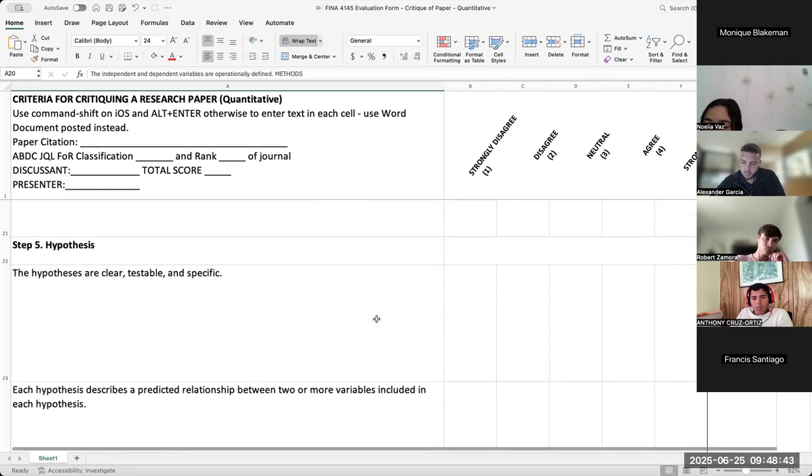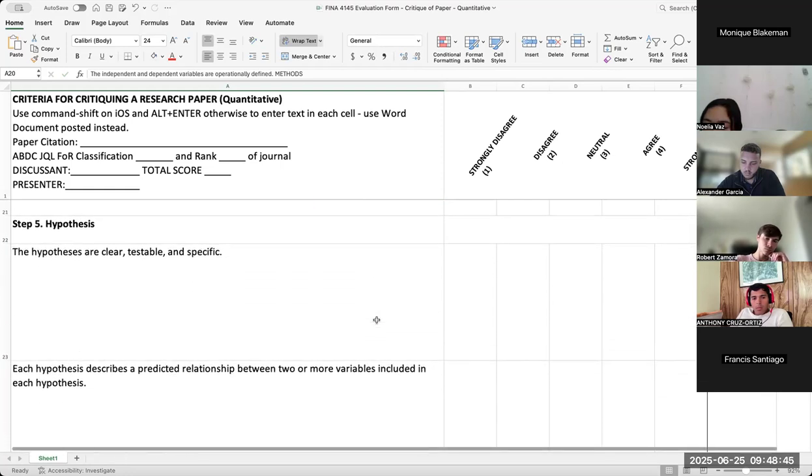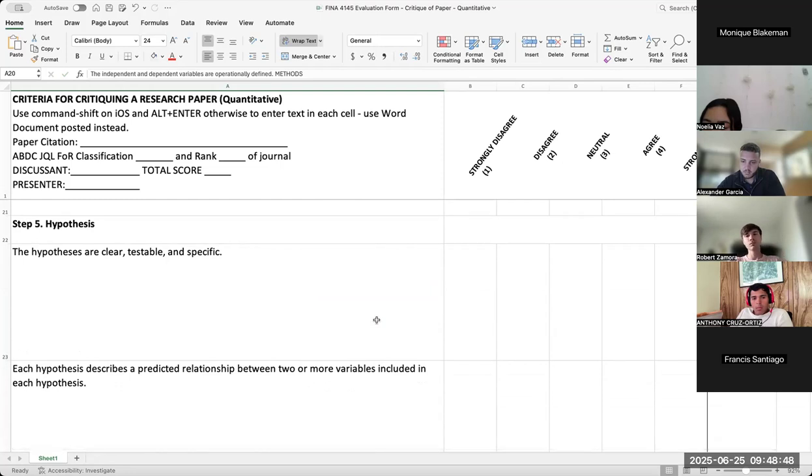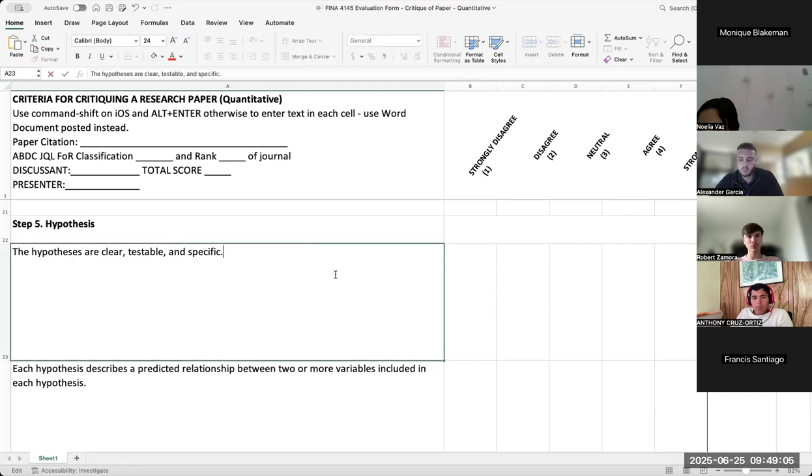Methods, hypothesis. Where is this going to go? My hypotheses are clear, testable, and specific. So you might have more than one. So it says hypotheses. As I mentioned last class, this has to be in your methods.